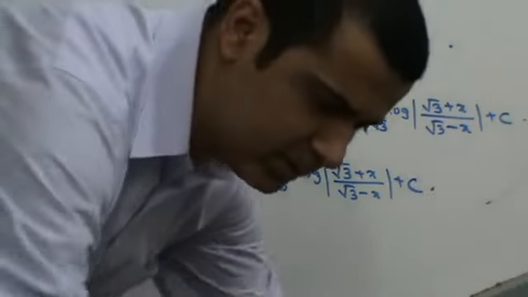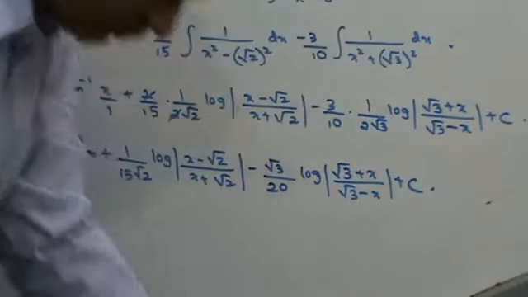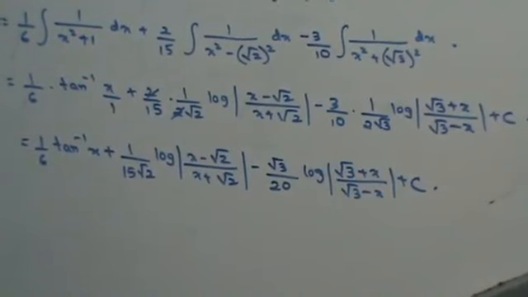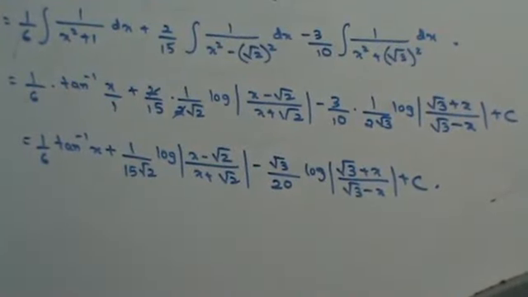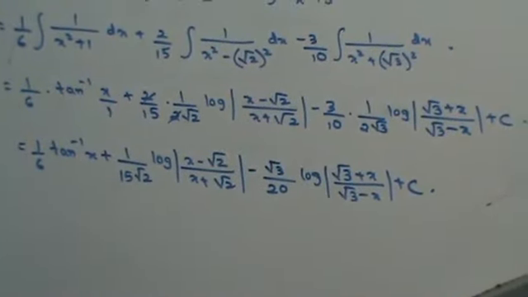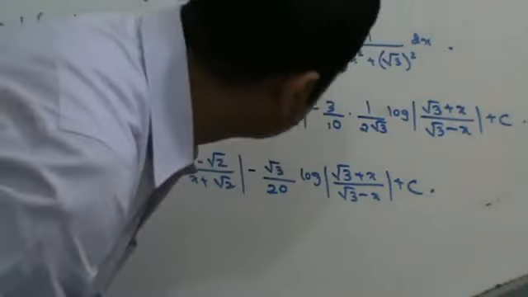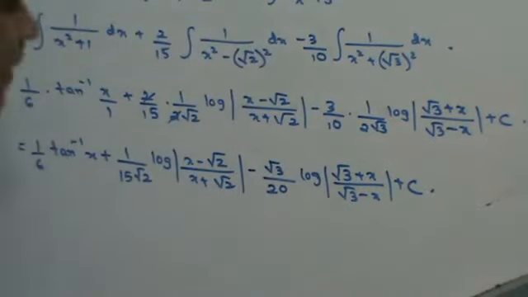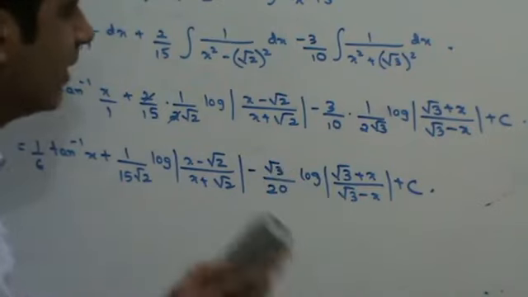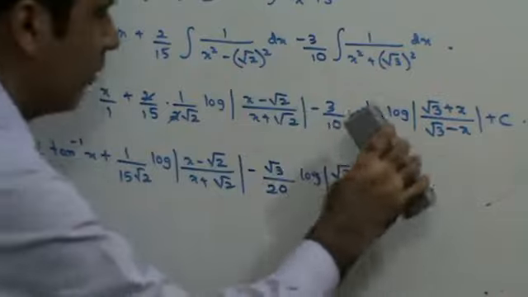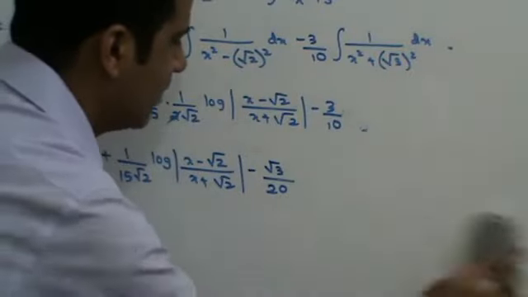On the next slide. Some mistake here, guys. Integral of 1 upon x square plus a square is 1 upon a tan inverse of x by a. I've used that formula, same formula here. Only the last term is changed here.